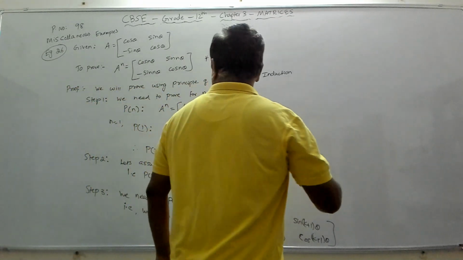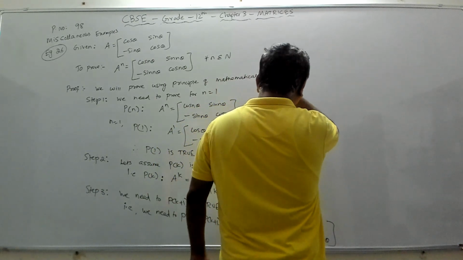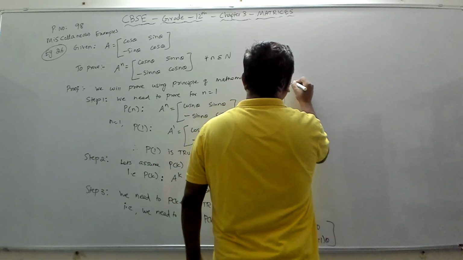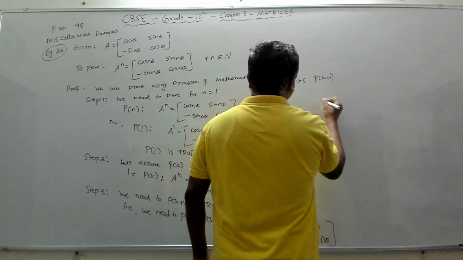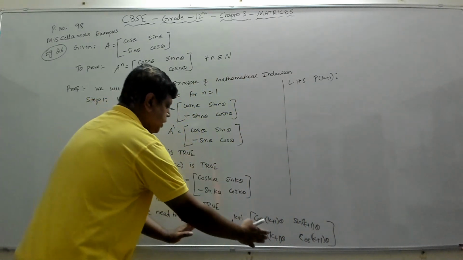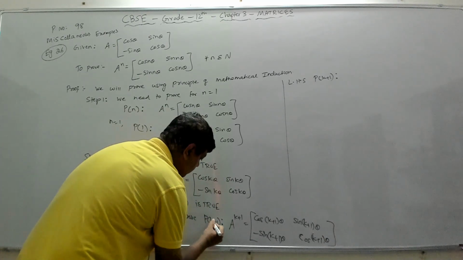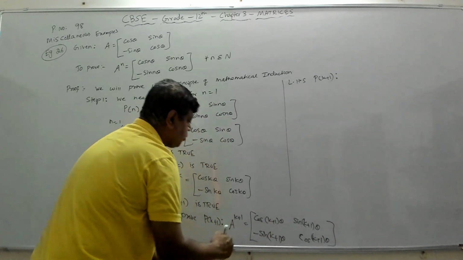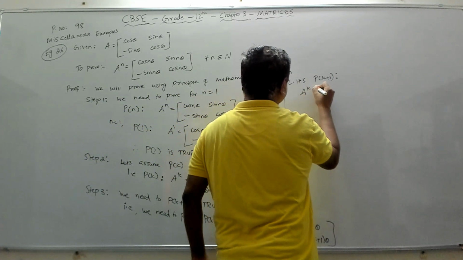Now what is A power k plus 1? I am starting with the LHS, the left hand side of P of k plus 1. This is your P of k plus 1 statement. So LHS is this, A power k plus 1.